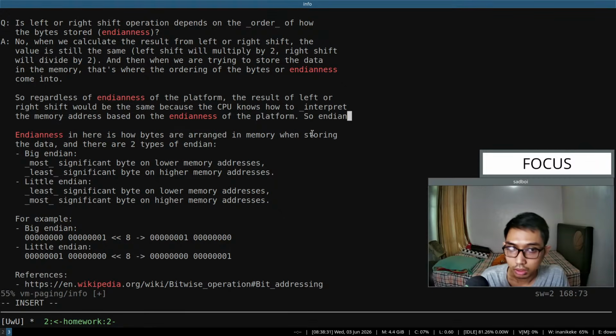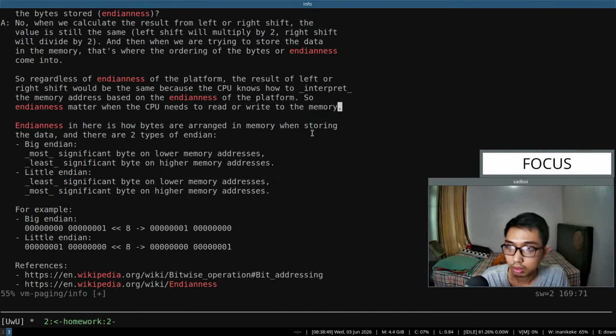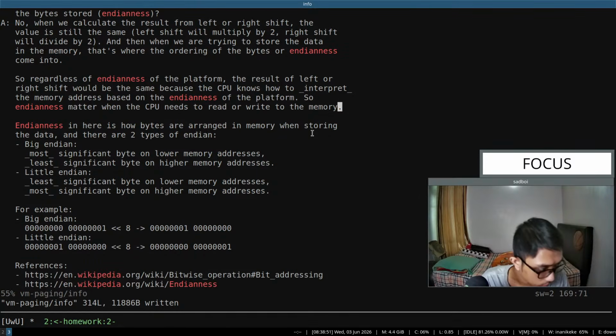So endianness matters when the CPU needs to read or write to the memory. Yeah, something like this.